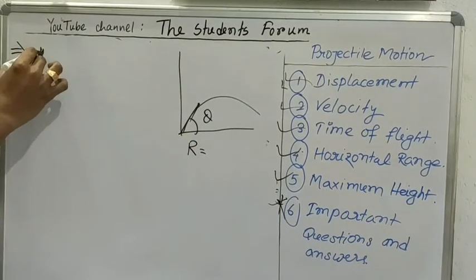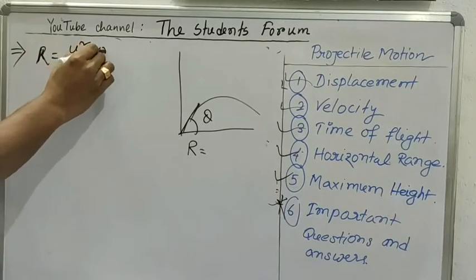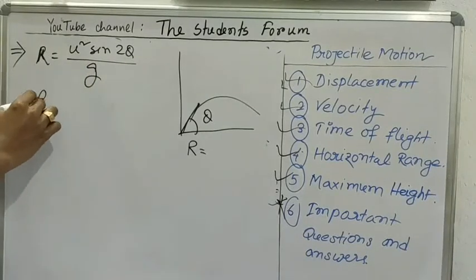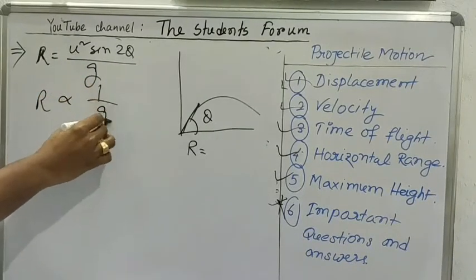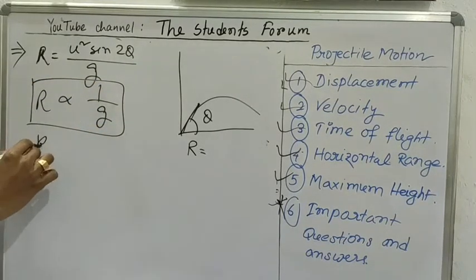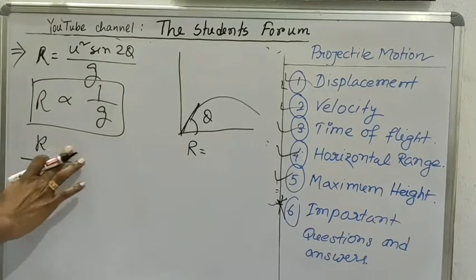As we already know, the range is given by u square sin 2 theta divided by g. That means r is proportional to 1 by g.